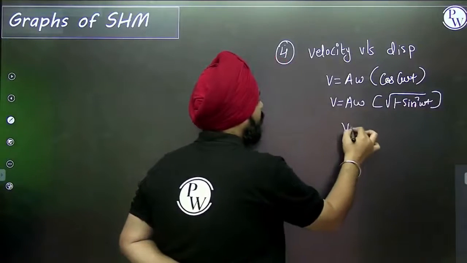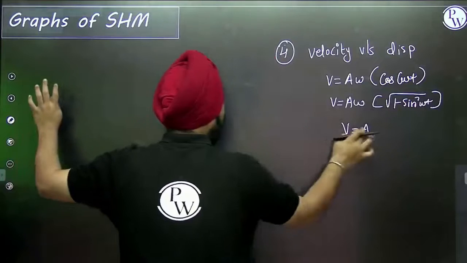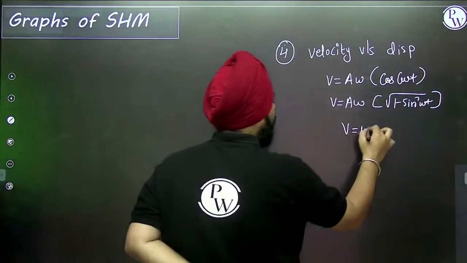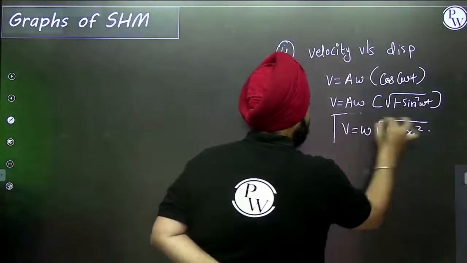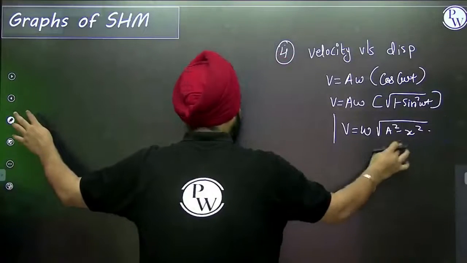By replacing this, we have V is equal to omega under root of A square minus x square. This is the equation of velocity with respect to displacement.